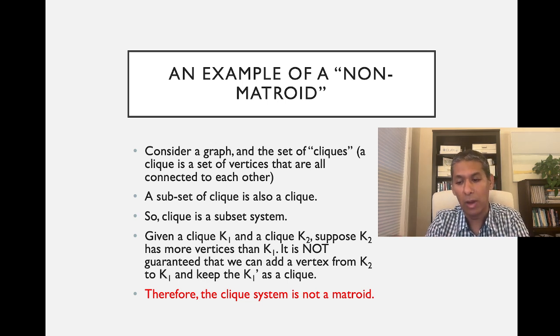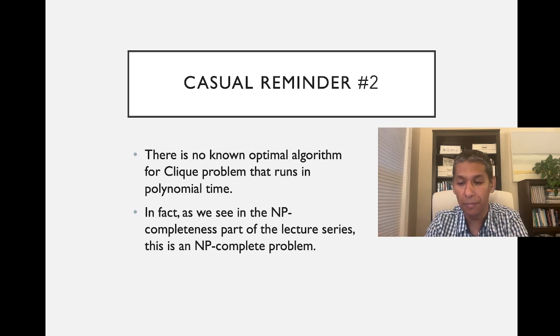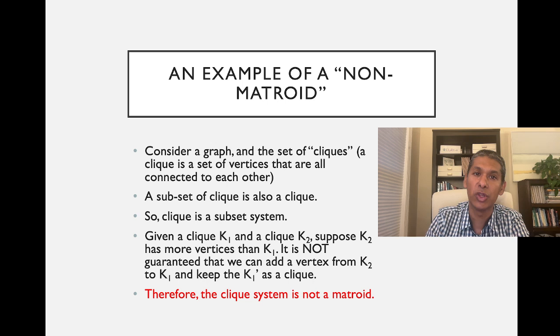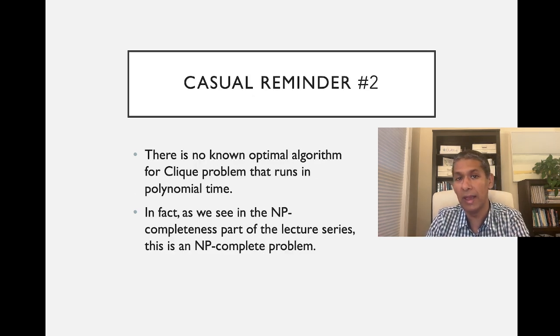And now I want to bring you to another observation here, a reminder that we do not have any known optimal algorithm for the clique problem that runs in polynomial time. In fact, we will see in our NP completeness part of the series that this is an NP complete problem. So again, I'm trying to suggest to you that when you have a non-matroid, there's no easy greedy algorithm here.